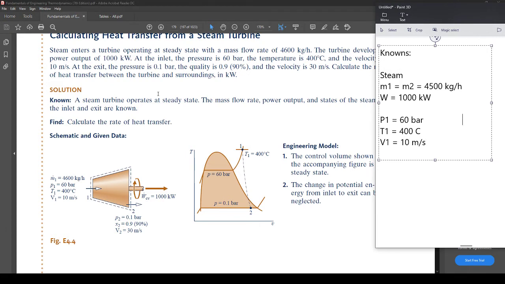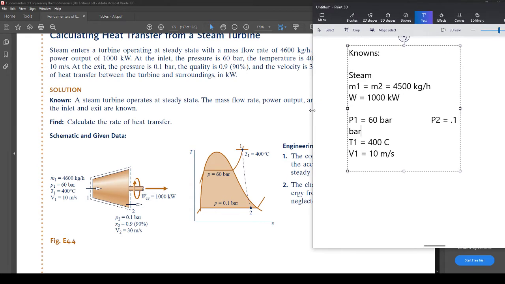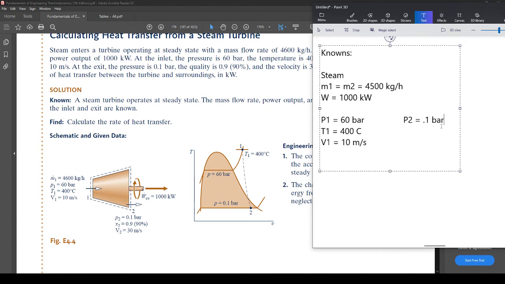And then over here it says at the exit the pressure is 0.1 bar. So pressure 2 is equal to 0.1 bar. And then it also says the quality is 0.9. So x2 is equal to 0.9.